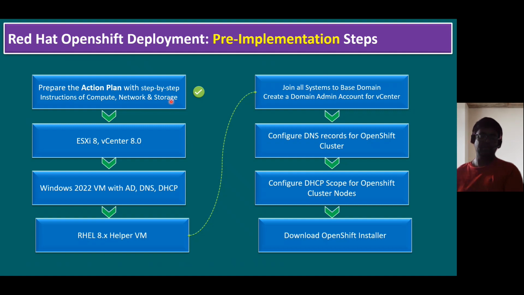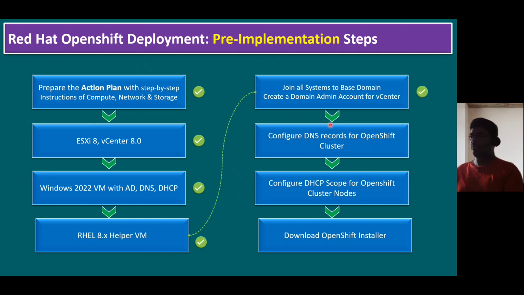Maybe in your lab or your organization environment, if you are using any specific models and information, you can keep those in your action plan. And you can also include the timeline for when we are going to finish. That is the action plan, and it's a must that we keep it for all the IP inventory as well. And infrastructure, ESX 8 and vCenter 8, we already validated, configured with the 3 roles, and the OCP helper VM we also configured.